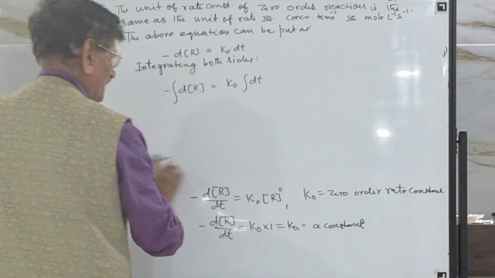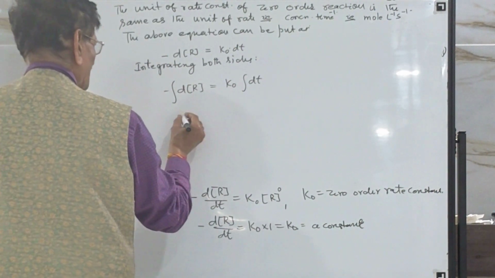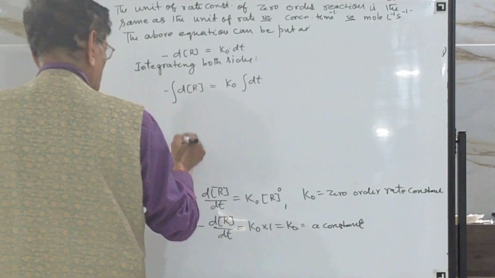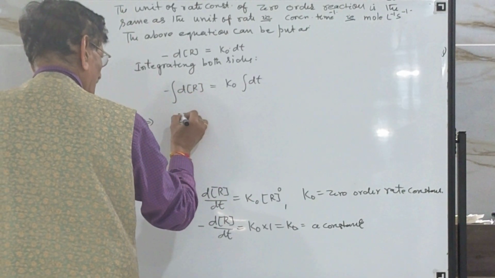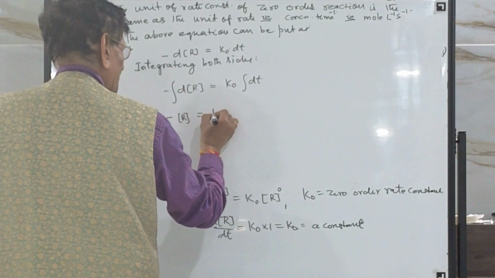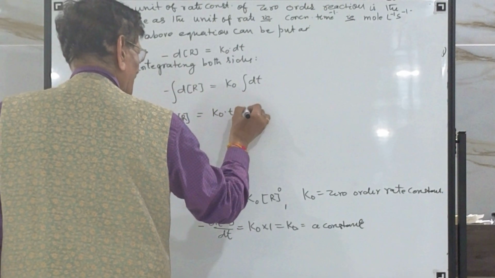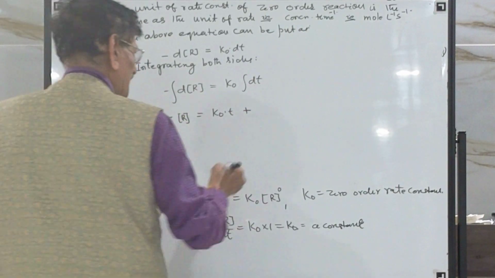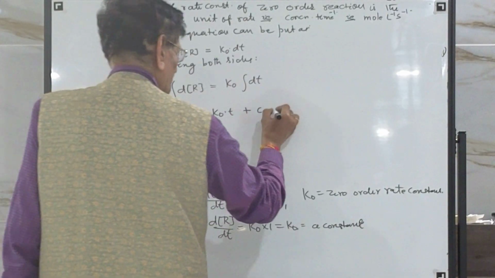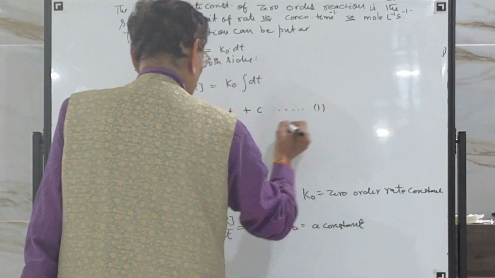This is your minus dr. This is the concentration R. Minus R is equal to K naught into T plus a constant C, where this is equation number 1.